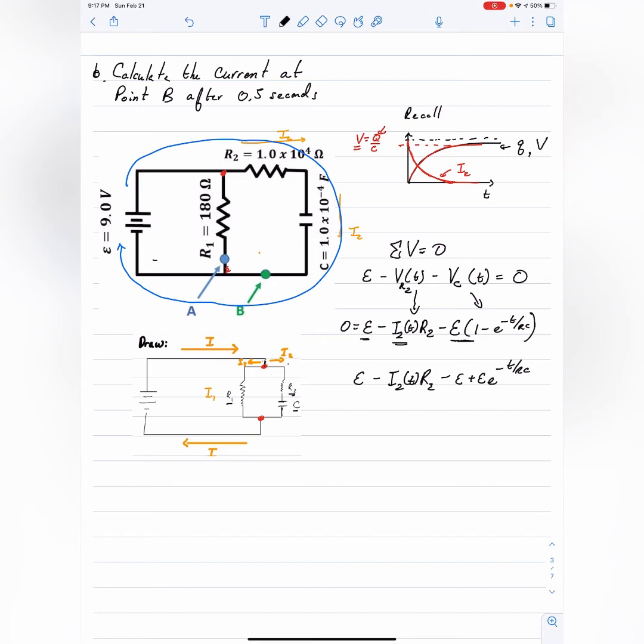You multiply the EMF with the equation, and now you can cancel this and this. This is still equal to 0. Then we can bring this to the other side.